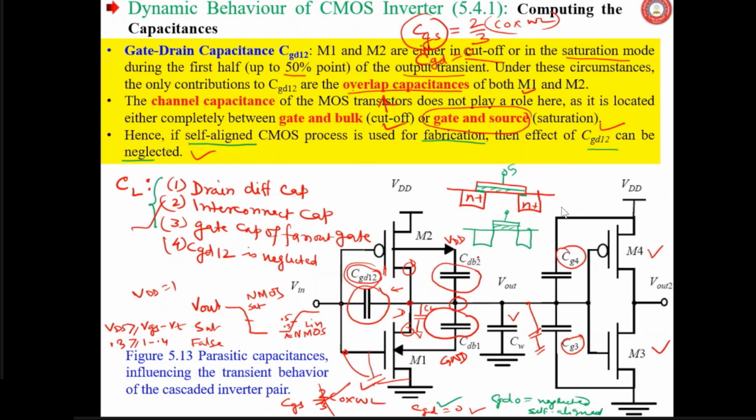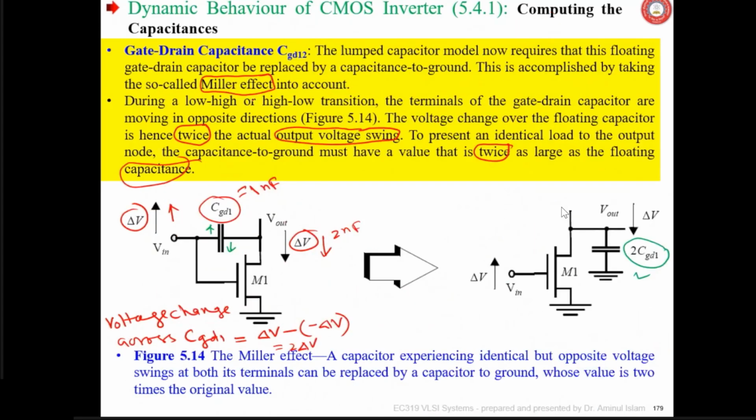But if it is a self-aligned process, then overlap will not be there, so the effect of CGD is nullified. You can ignore it. Otherwise, if it is not self-aligned, then you have to take care of it, and in that case a double value will be going there. Why? We'll discuss here: gate to drain capacitance CGD 1-2. If we don't ignore that overlap, I mean, if it is not self-aligned, then how to take care of it?